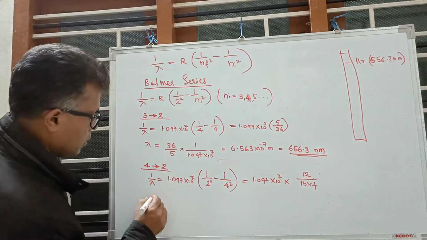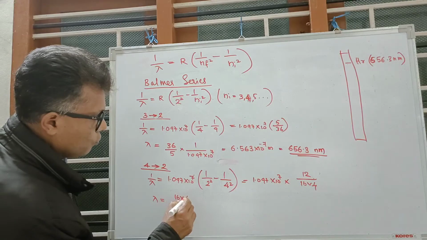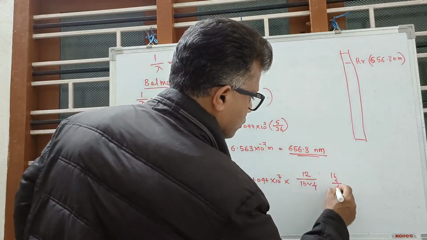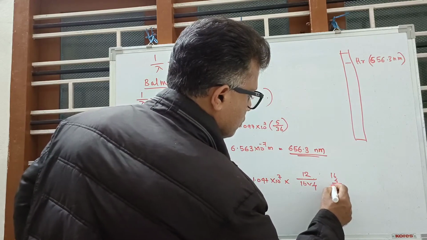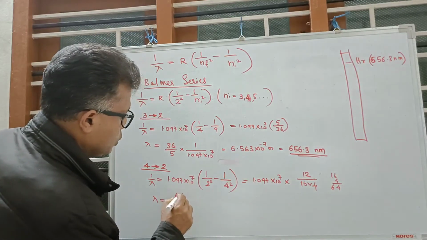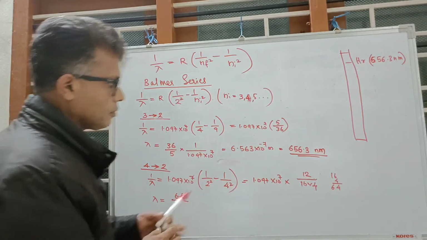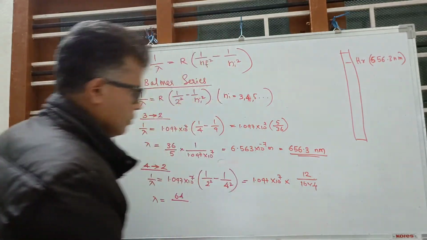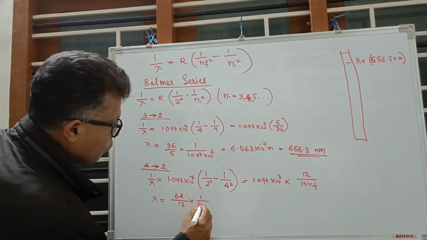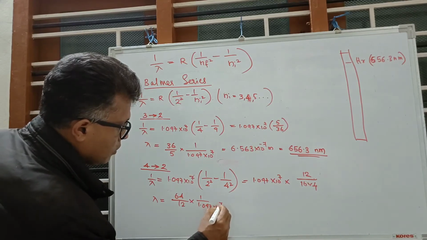So, lambda is equal to 16 into 4. 16 into 4 how much? 64. 64 divided by 12 into 1 by 1.097 into 10 raised to 7.